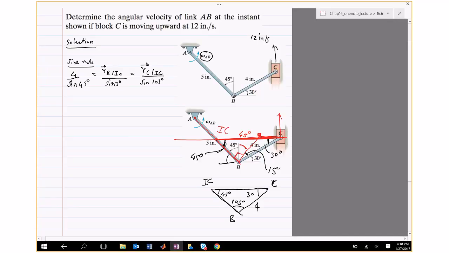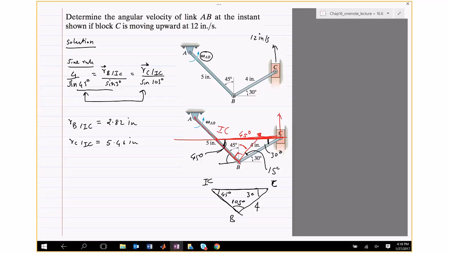So here we have two unknowns and two equations. This is one equation, and you can think of this as another equation. So we can solve for RB with respect to IC and RC with respect to IC. RB with respect to IC is 2.82 inch, and RC with respect to IC is going to be 5.46 inch. So we've got the lengths from the IC.